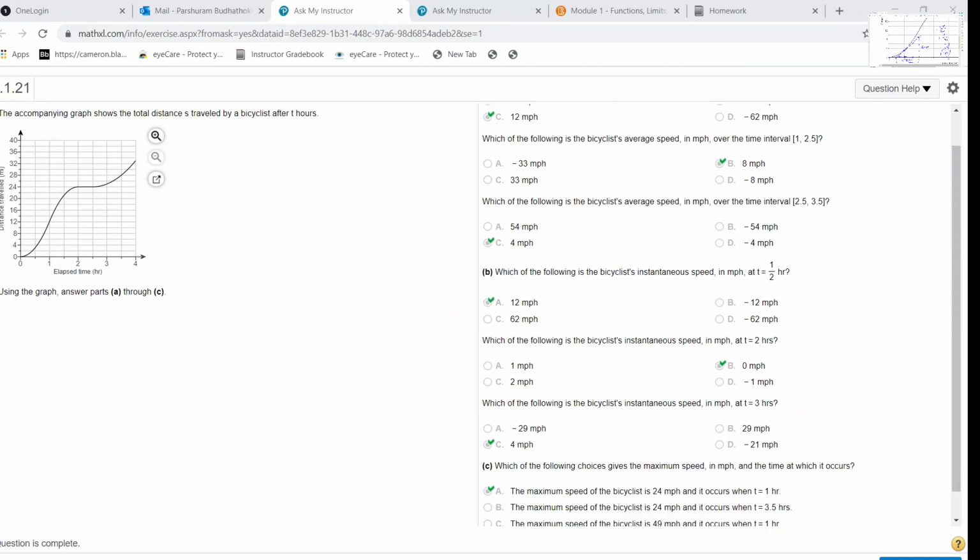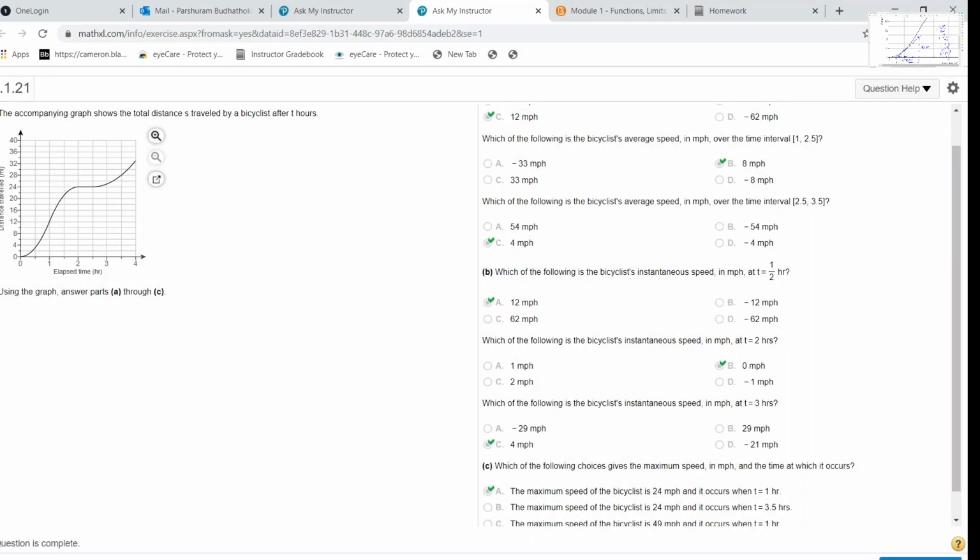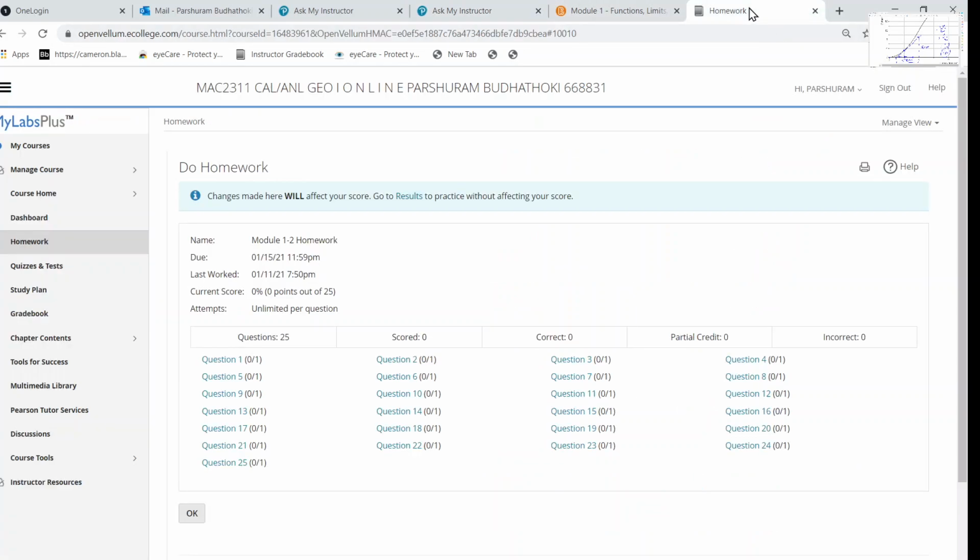And I also got your email about using the textbook and homework. My suggestion for you is, if you check any homework in MyLab Plus, just go to the homework and click that particular homework, and you will always find the section from the book we are using for MyLab Plus. Look here, for homework 1.2, the section is 2.2.